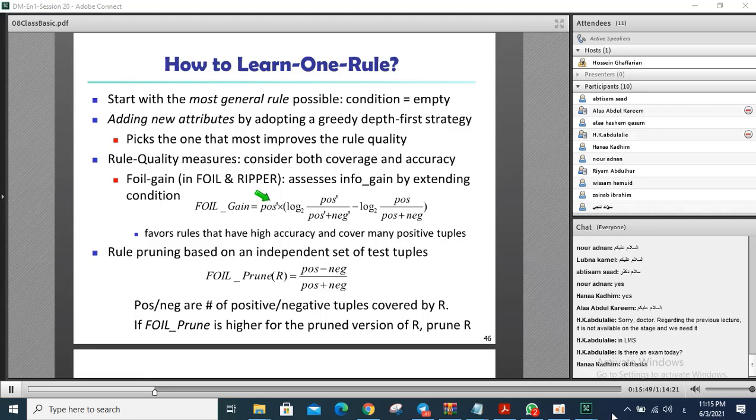This measure is an extended version of the information gain measure. It's similar to information gain. We talked about information gain in the past. FOIL gain uses a similar structure.